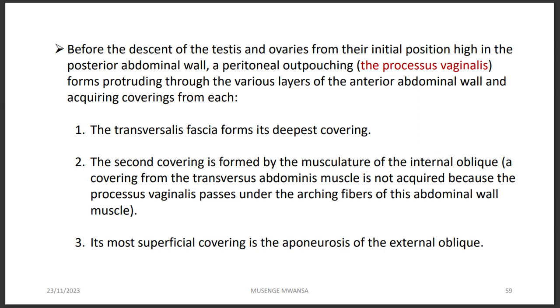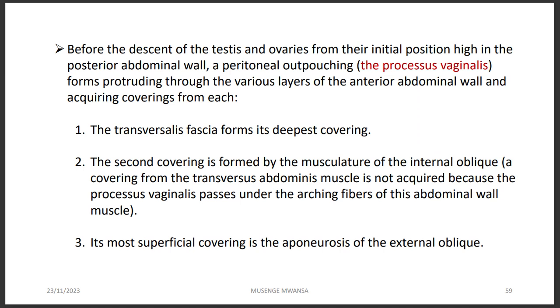Now, the superficial fascia has two layers. You have Camper's fascia, which is fatty, and Scarpa's fascia, which is membranous. And then after that, you have the deep fascia, and then the muscles.